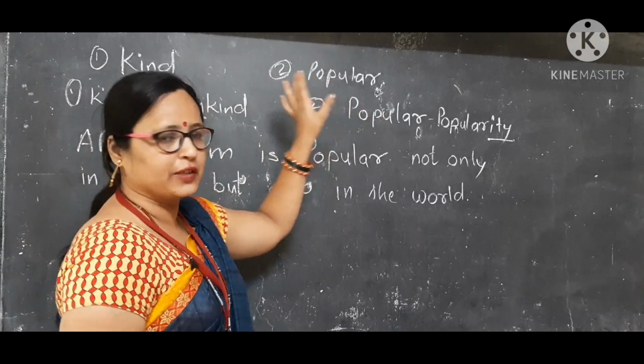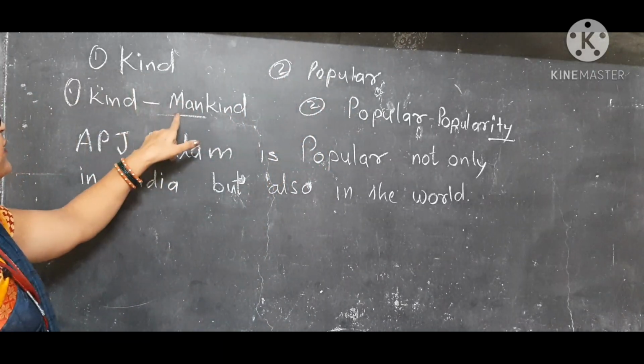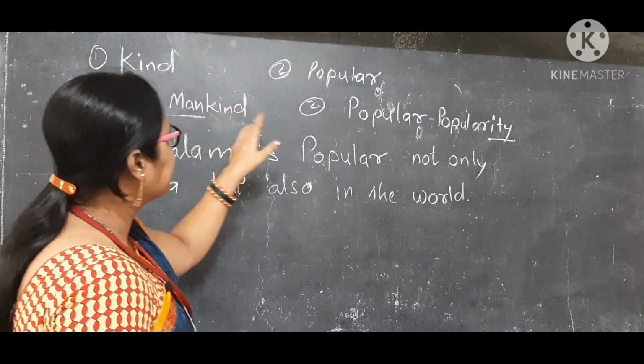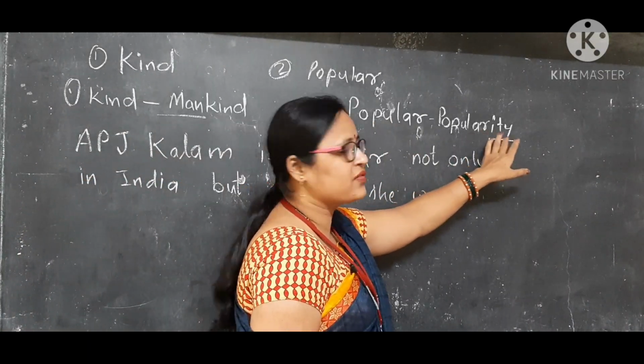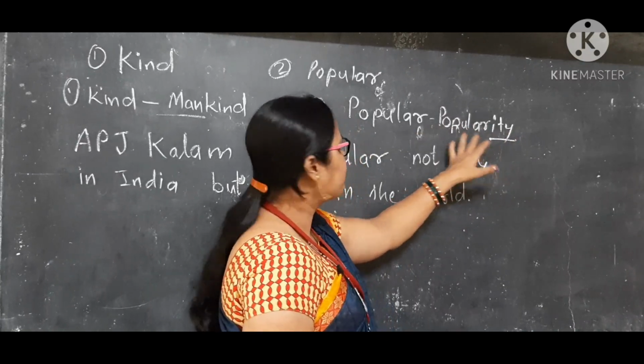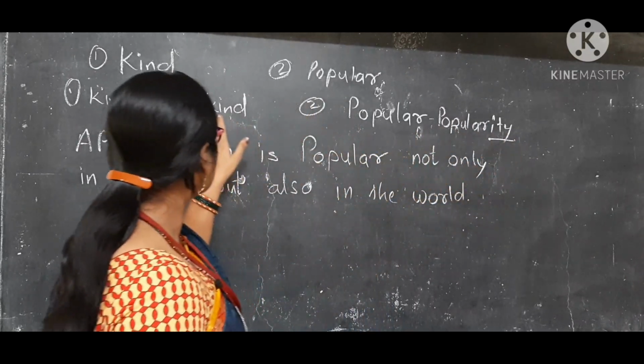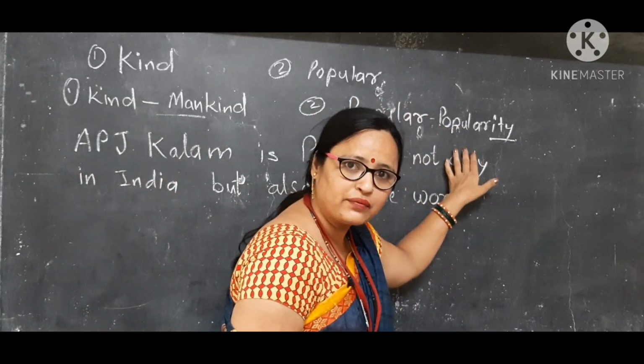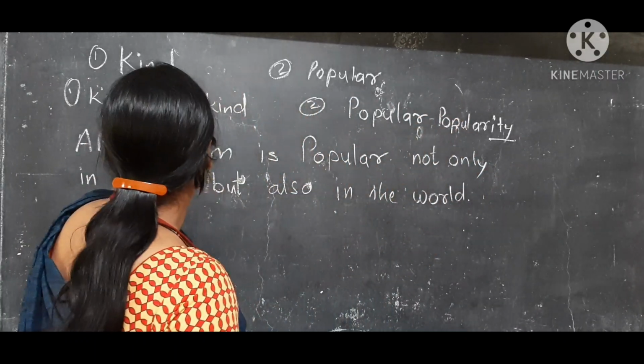Kind and popular. I have inserted man as a prefix, mankind, and here I have inserted ity as a suffix, popularity. This is an example of a prefix and this is an example of a suffix.